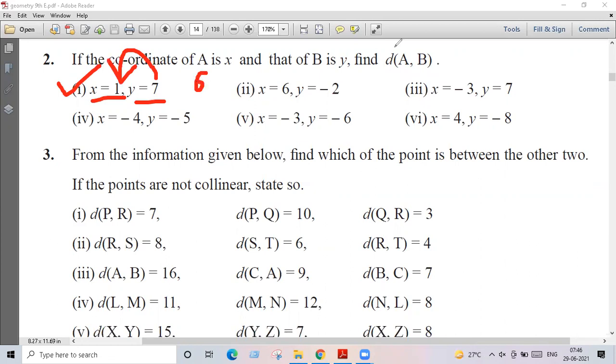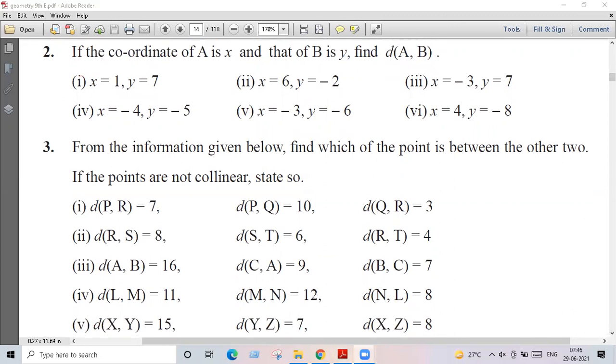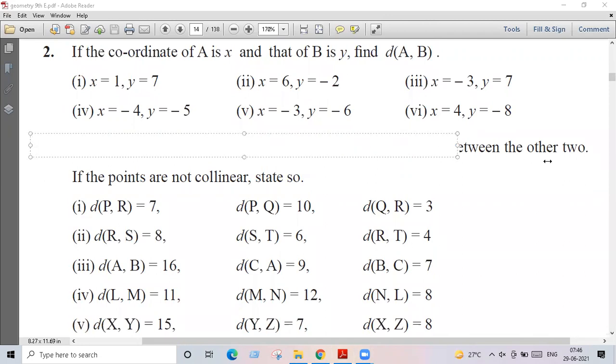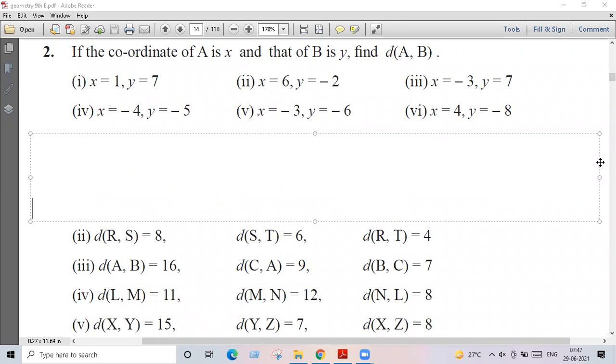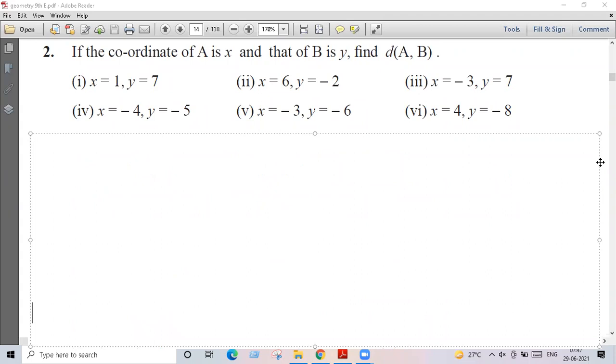So how are we going to solve it? Just like we solved earlier, the same way we will be solving. A few small changes will be there, not many. See, examples are easy, but you must know how to write, and you must understand how to write it. So the first one, x is equal to 1, y is equal to 7.